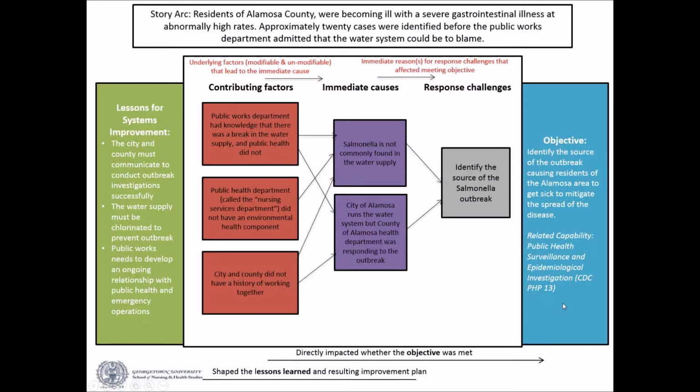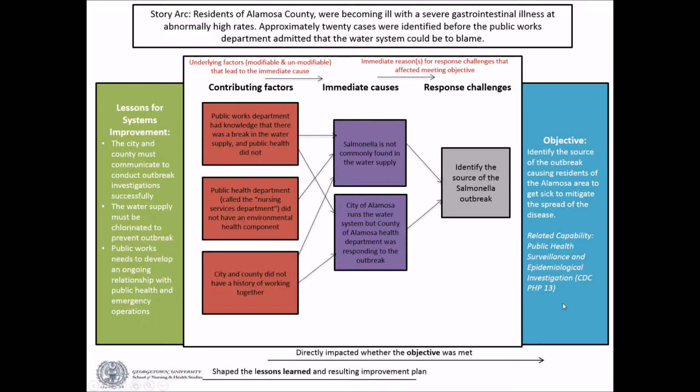Originally, many of the people who were ill had gone to the McDonald's in town, and many people and officials originally thought that McDonald's may be the source. But it turns out that one infant became ill who had only consumed infant formula and not any McDonald's food.